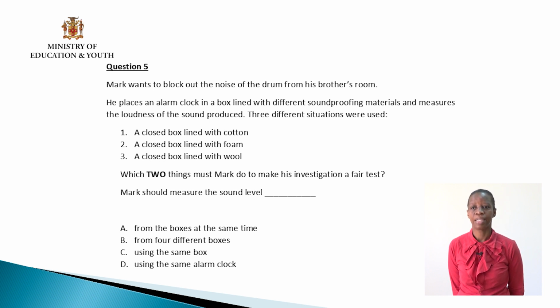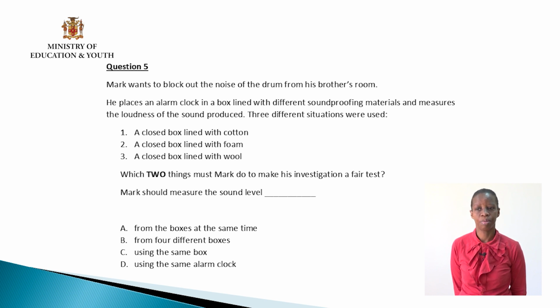And so he uses 3 different situations: a closed box lined with cotton, a closed box lined with foam, and a closed box lined with wool. So remember, he's trying to find out which material is best at reducing the sound level. So which 2 things, again, we're asking for 2 things, must Mark do to make his investigation a fair test?